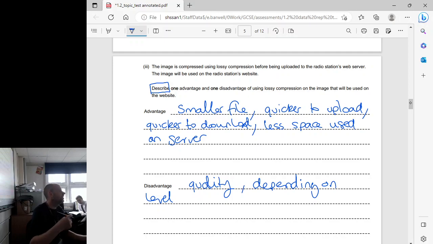If you get it at a mid-level, it probably would not be recognisable on a website. So it may be blurry. I think a few people said it might be blurry, but you've got to explain why. It's to do with the level of compression. So you might get blurry or blocky.